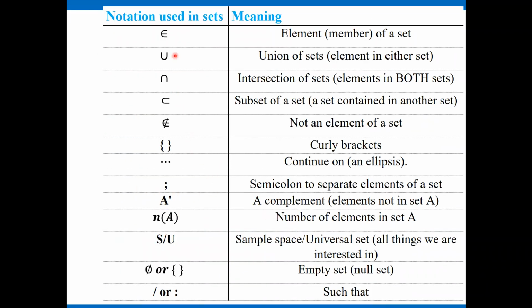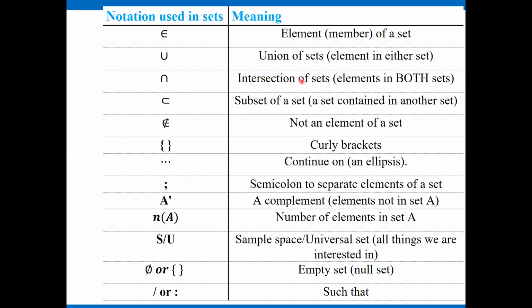Let us also recall the notation used in sets. I'm not going to go through reading all this, but what is going to be very much used in this presentation is the union of sets, that is elements in either set.